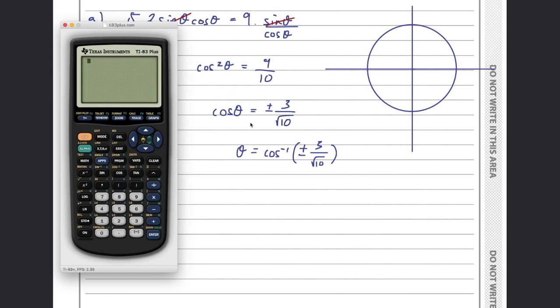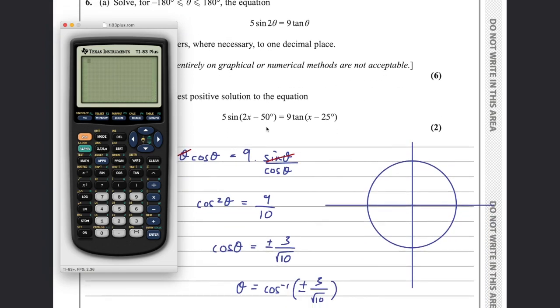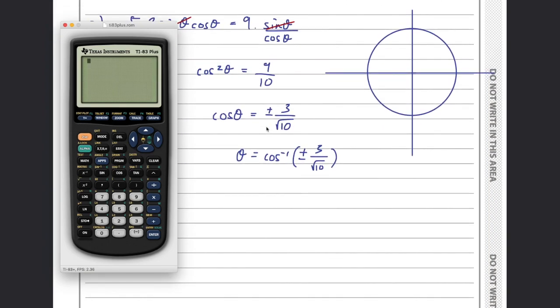So the inverse cosine, and I'm working in degrees here. They give me the domain in degrees, so we want our calculators to be in degrees. And then we want the inverse cosine of 3 on root 10. And I get 18.43.